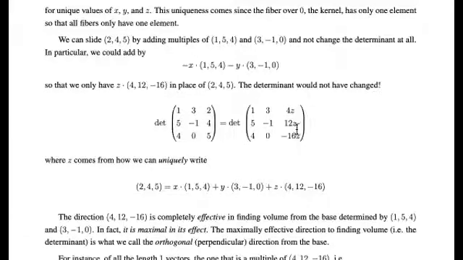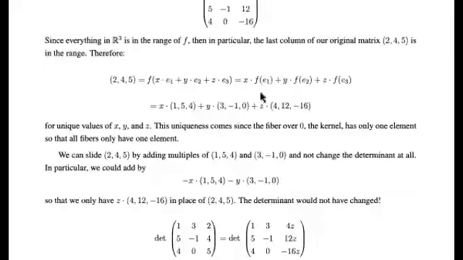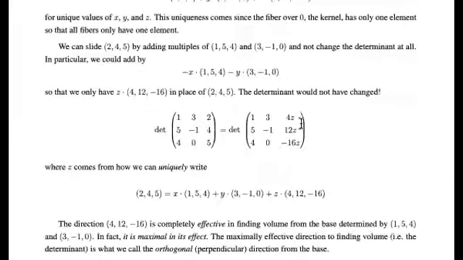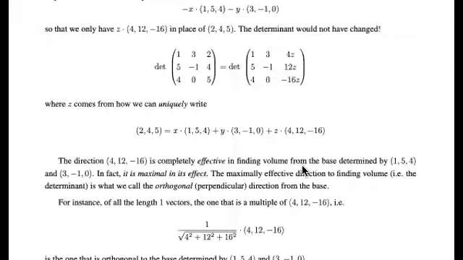So by modifying z, all we have to do is change this z value, where this z value represented how we could decompose 2, 4, 5 as the sum of these. It was a multiple of that in that decomposition. And then we'd be able to figure out that determinant. Okay, notice, that's the only thing that really matters.